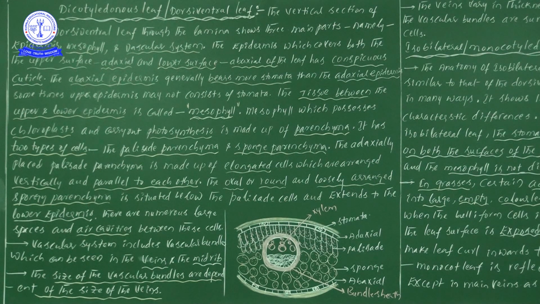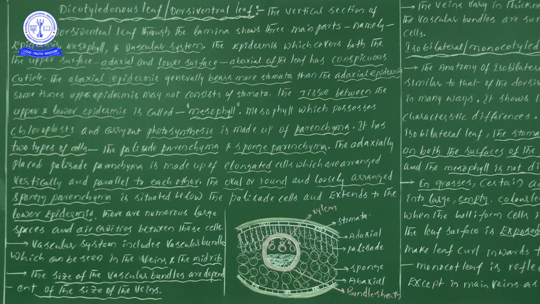It will move like mercury, no? Why? Because on the leaf surface we observe a waxy coat. This waxy coat-like structure present on the epidermis of the leaf, we take as the cuticle.